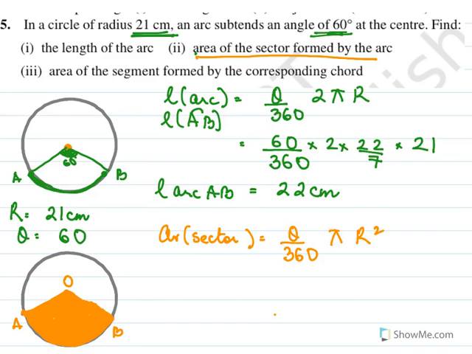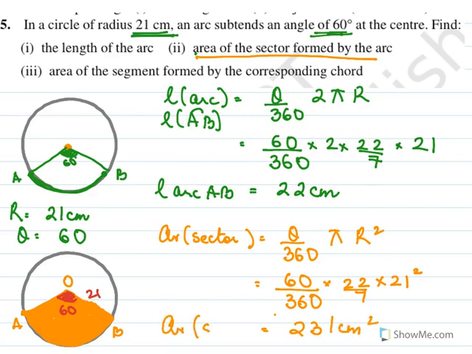Theta is 60 degrees and r is given as 21. So substitute theta 60 over 360, 22 over 7, r square, 21 square. You work this out and you get 231 centimeter square as the area of sector AOB.